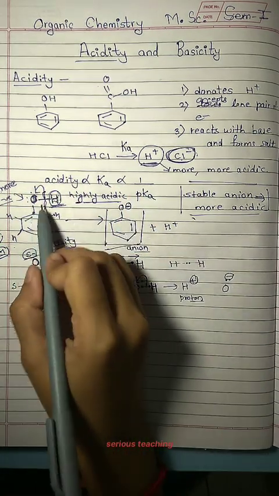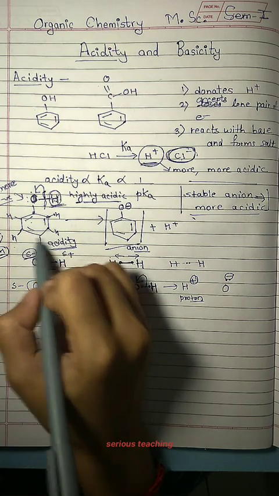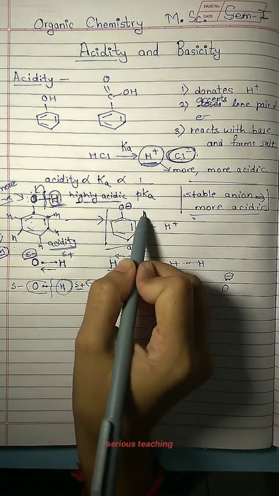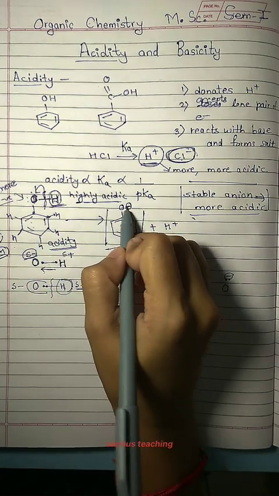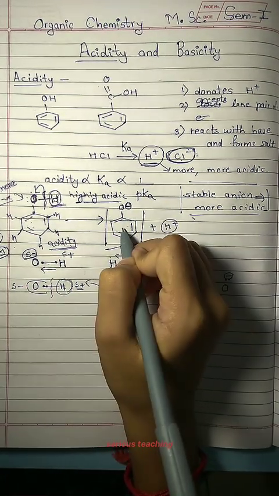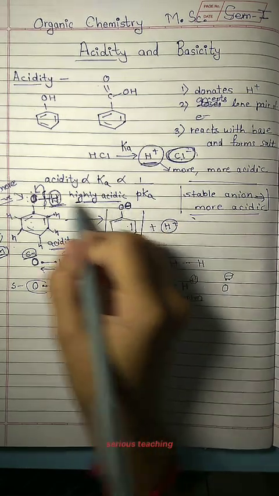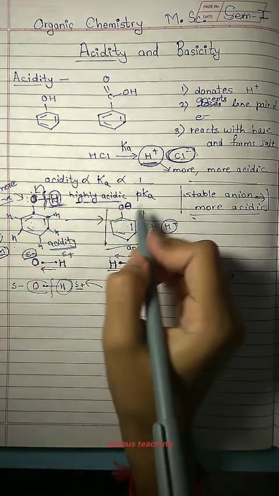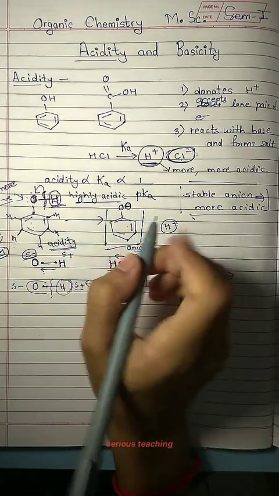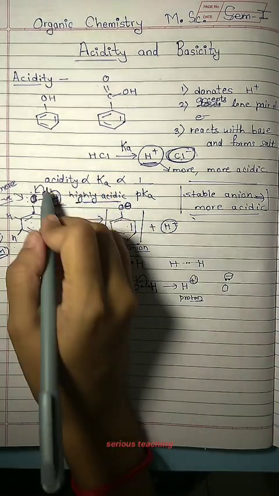When comparing this compound with this, we know that this compound is more stable, because the anion which we form after removal of H plus is more stable. In such cases, this breaking takes place easily because we are getting a stable compound. If this anion is not stable, then this will not happen. This bond will not break.